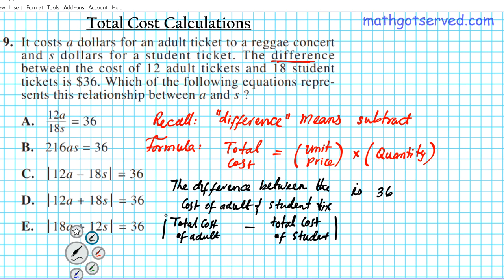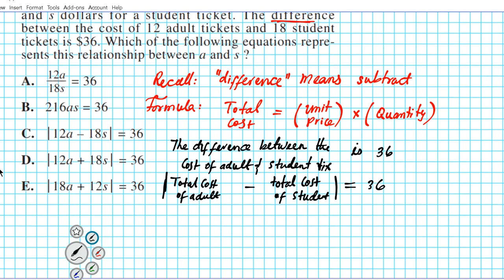If we put in the absolute value, we're guaranteed to always get 36, regardless of which is bigger. That's what the absolute value sign is. Therefore, don't let it confuse you. It's not that important. In symbolic notation, this is equal to 36.